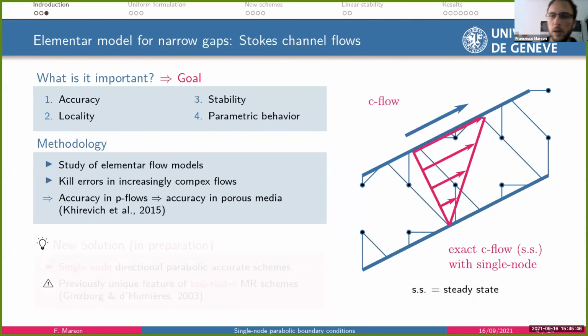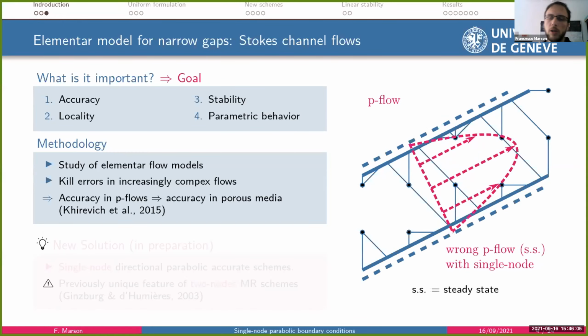What is known in this kind of situation is that it is possible to correctly, so exactly, resolve a Couette Stokes flow at steady state, also with a single node boundary condition, for instance the recently proposed ELI boundary condition. But what is also known is that to this day, it is impossible to have an exact solution for a Poiseuille flow at steady state in a Stokes flow.